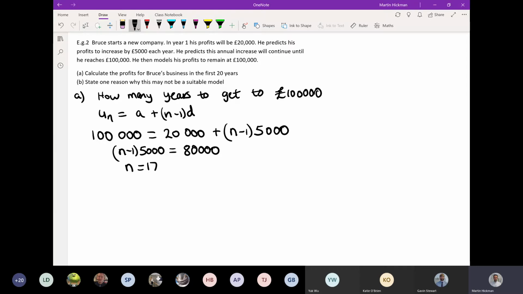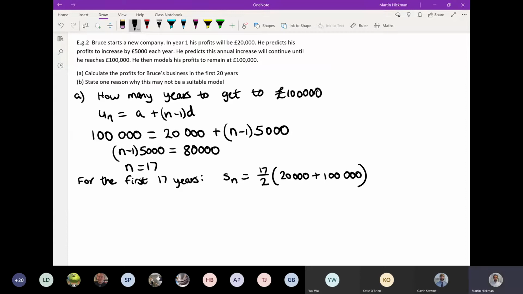So what we can do now is split this up into working out how much money we make over the first 17 years. To do that, I use one of my summation formulae. I'm going to use the version where I do n over 2 times a, the first term, plus l, the last term.